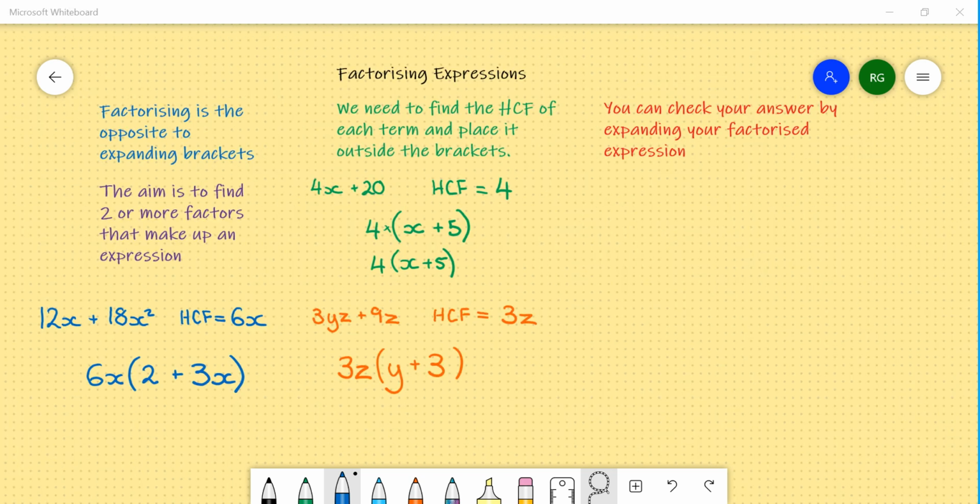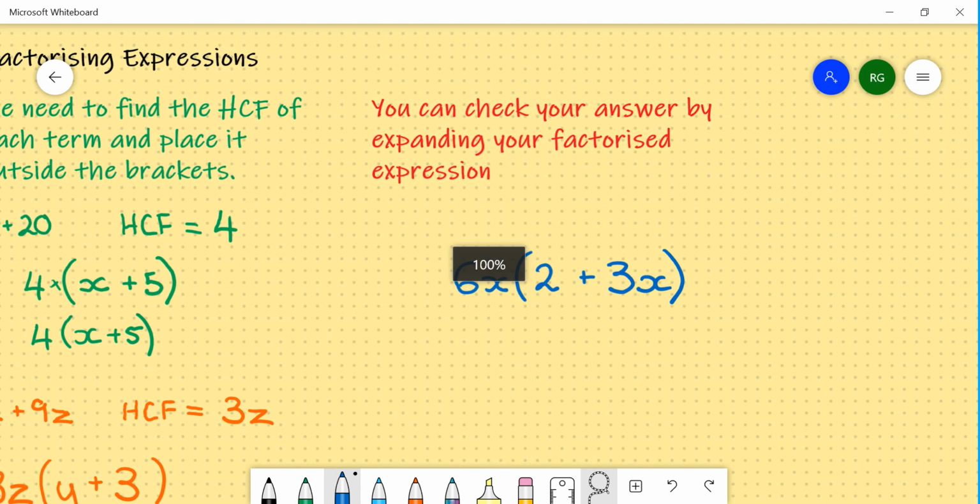A way to check whether we are right or wrong is to expand our brackets. Here is that same question. You can check this by, as we said, expanding.